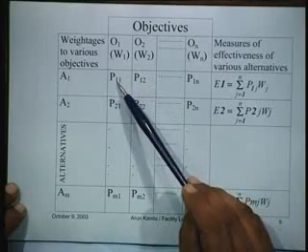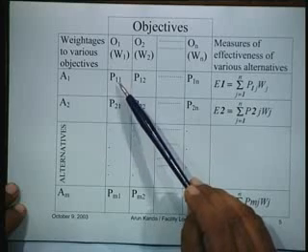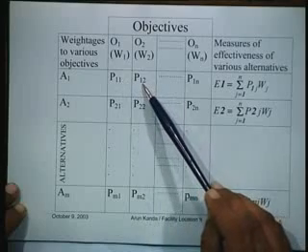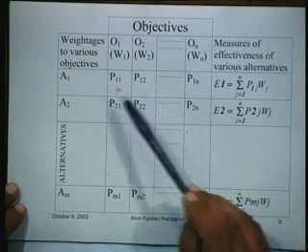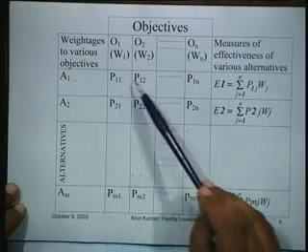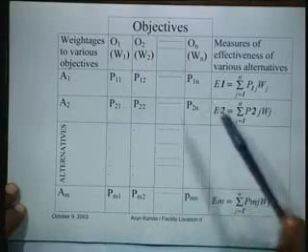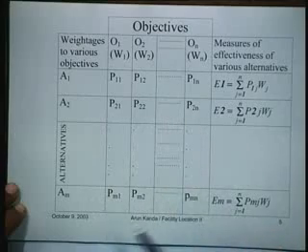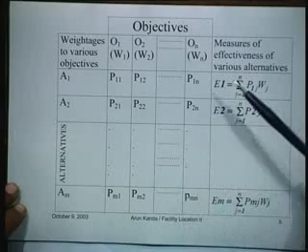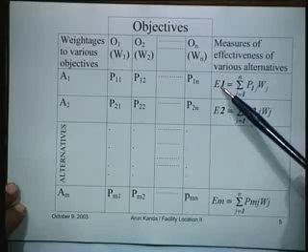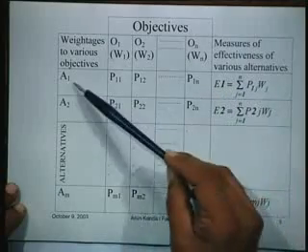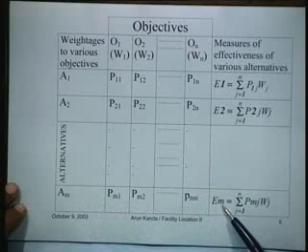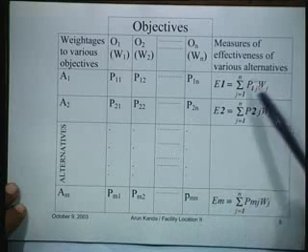For instance, P11 is the score given to the first alternative on the first objective. P12 is the score given to the first alternative on the second objective, and so on. So if we can get these scores somehow, then we can calculate the effectiveness of alternative A1, alternative A2, up to AM if there are M alternatives, and get a kind of score.